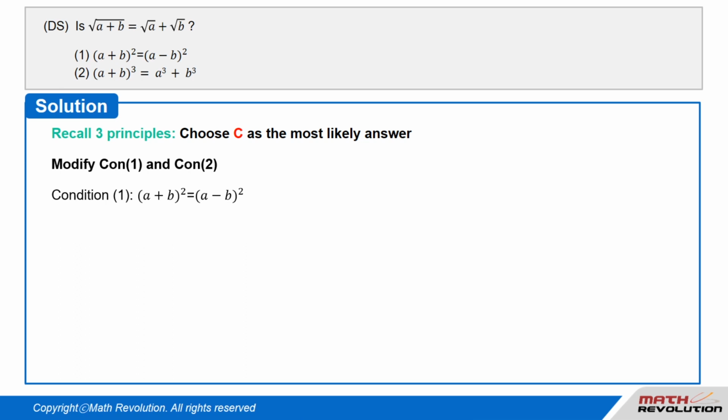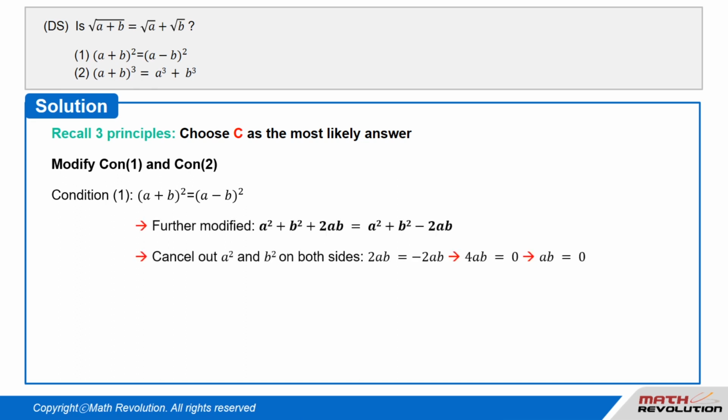Condition 1 tells us that (a plus b) whole squared equals (a minus b) whole squared. This can be further modified to a squared plus b squared plus 2 times a times b, which equals a squared plus b squared minus 2 times a times b.